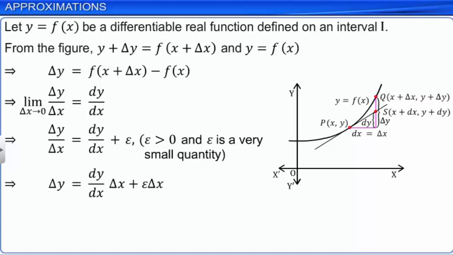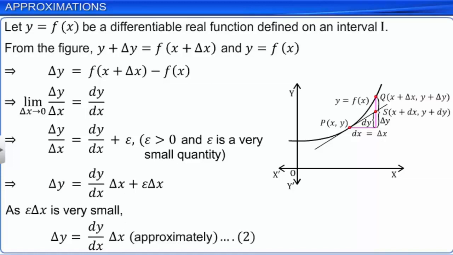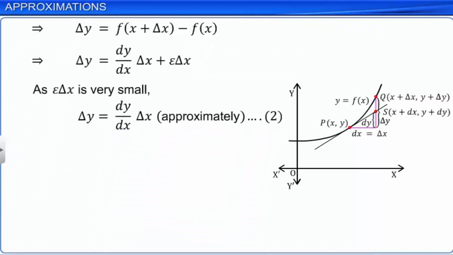Since the values of ε and Δx are very small, the product of these two quantities is negligible. Hence, the approximate value of Δy is (dy/dx)Δx. That is, the increment Δy in the dependent variable y is approximately equal to dy/dx multiplied by Δx.